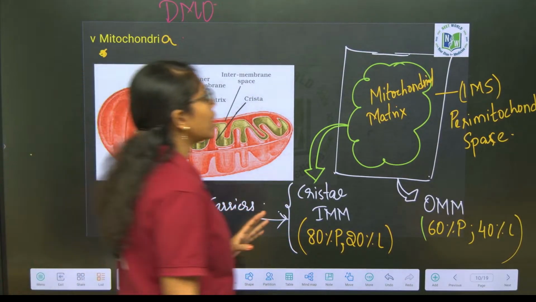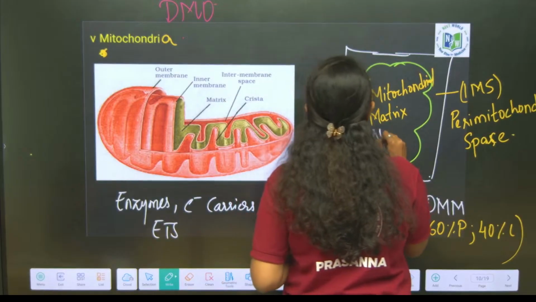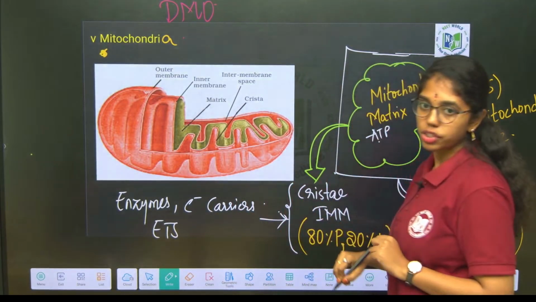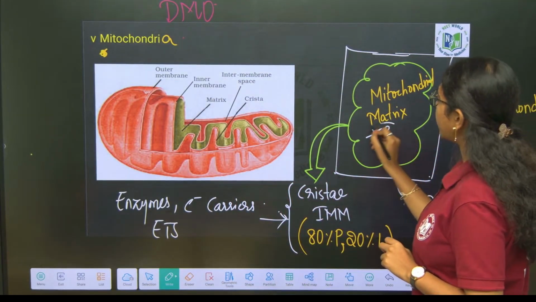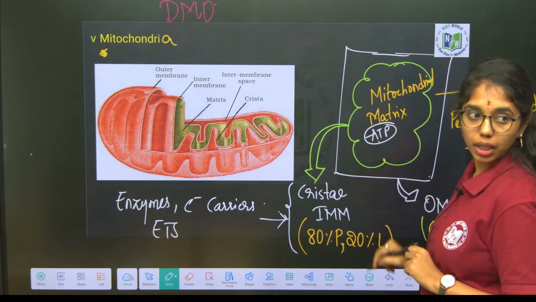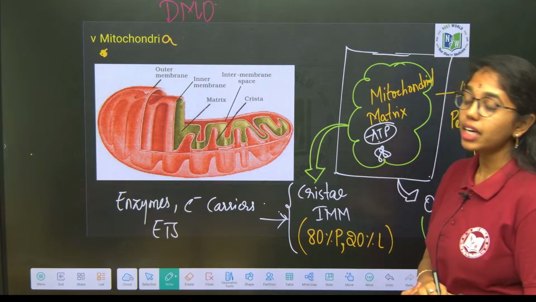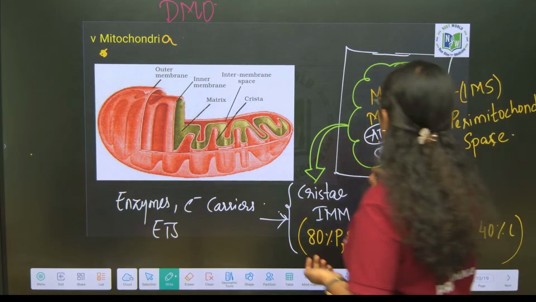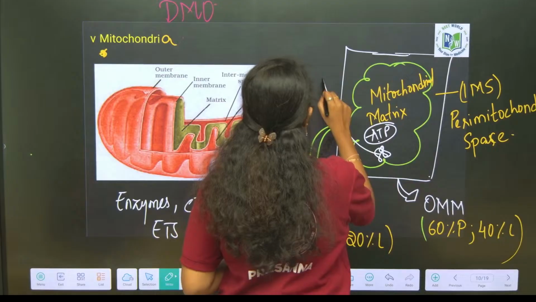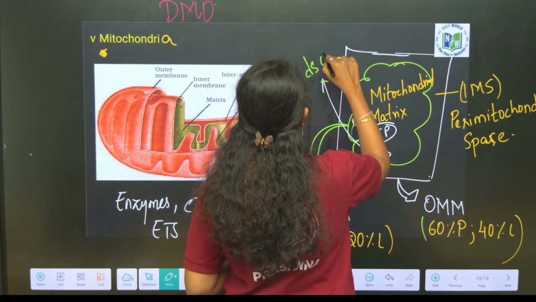And mitochondrial matrix will possess what? ATP, the energy currency of the cell, is present in the mitochondrial matrix, and it has a double stranded circular DNA.